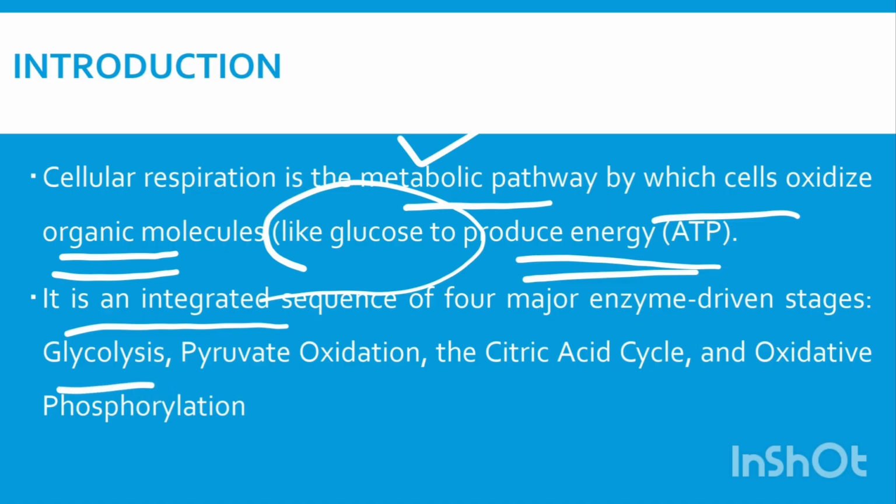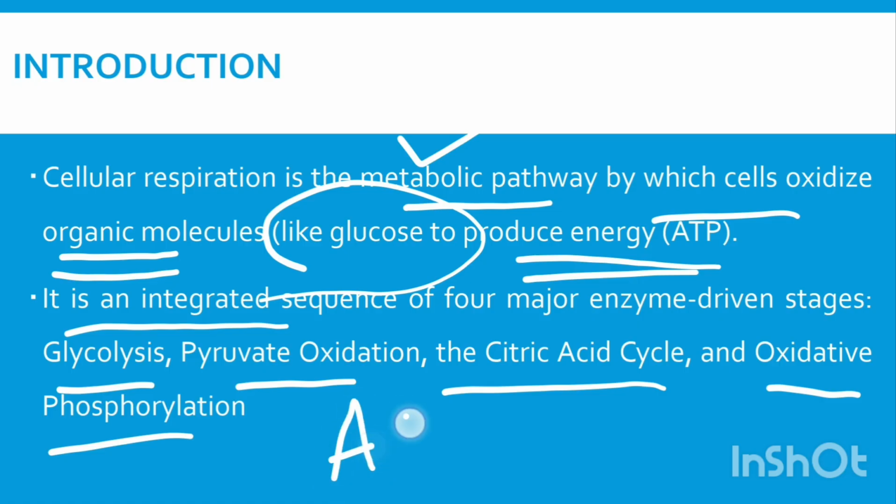One is glycolysis, which is common to aerobic as well as anaerobic respiration. Then pyruvate oxidation and the citric acid cycle, which specifically take place in aerobic respiration. Then the electron transport chain, and then oxidative phosphorylation to generate ATP.